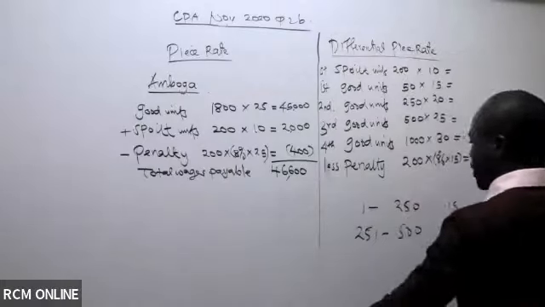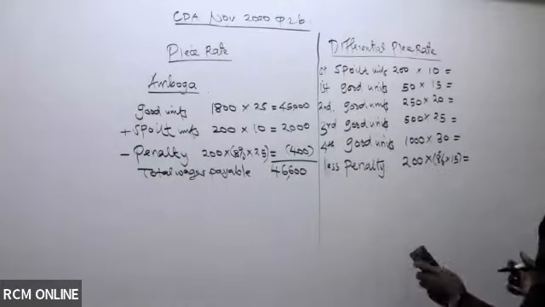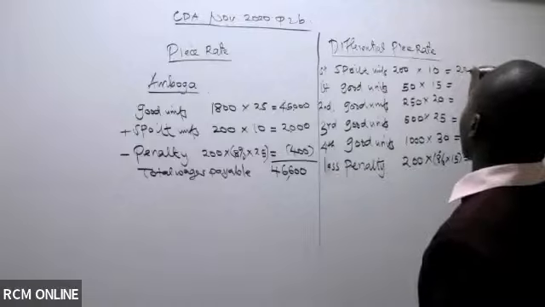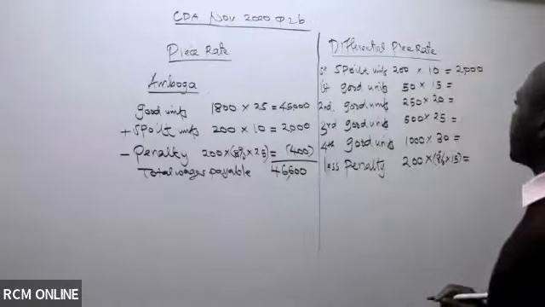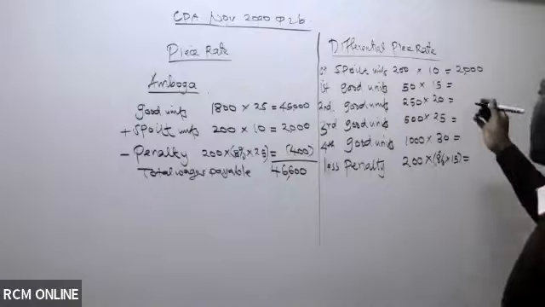So let's go ahead and get the total amount payable to Amboga under differential piece rate. So we have 200 times 10, that will give me 2,000. We have 50 by 15. What are we getting? 750.